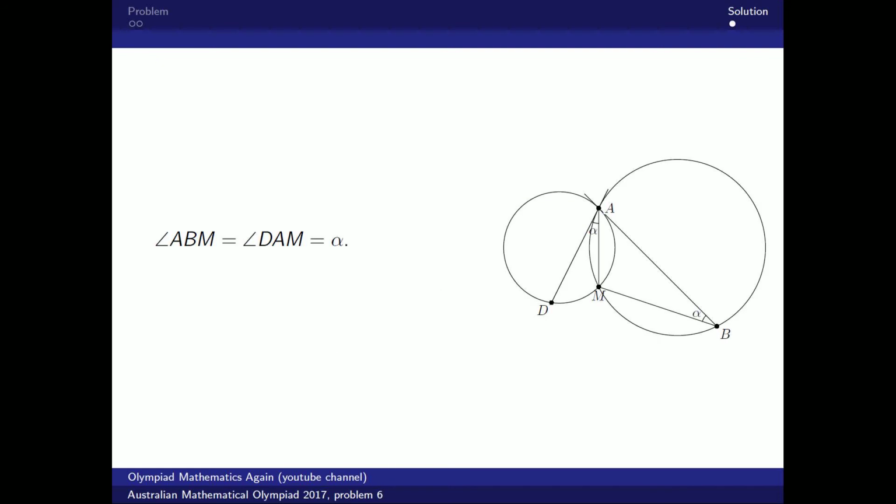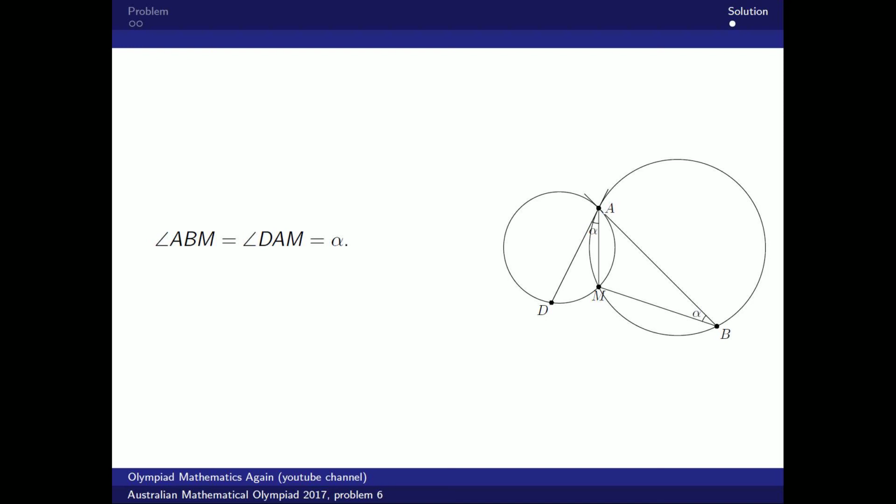So first let us notice that angles ABM and DAM are equal to each other. This is basically because they are both subtended by the arc AM in the right circle, in the second circle.